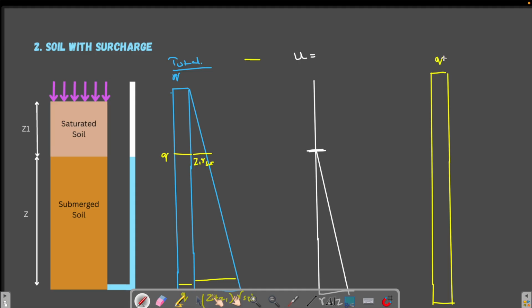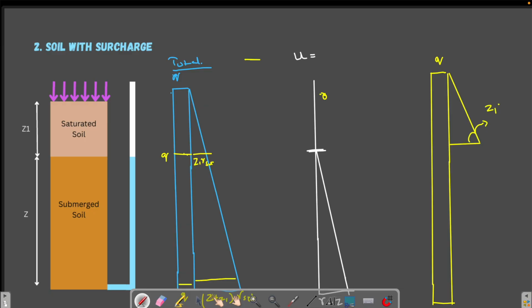So the effective stress over here at the top will be Q. This minus this will result in the same diagram. It will be Z1 into gamma saturated over here. Let me write it down like this.